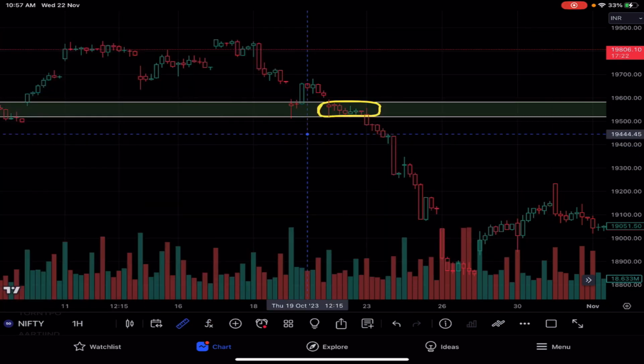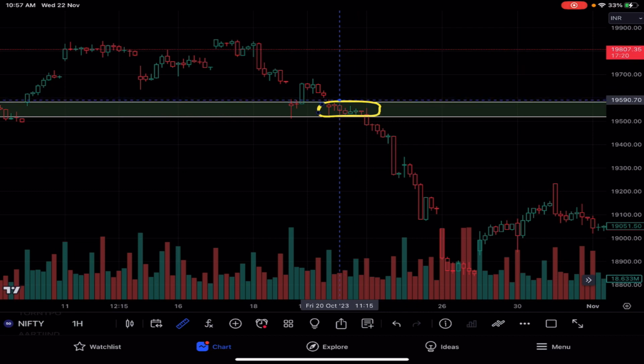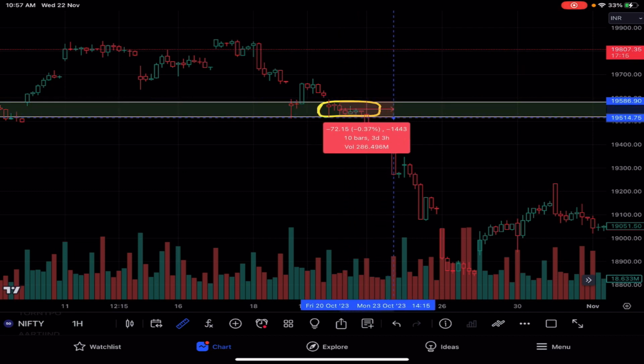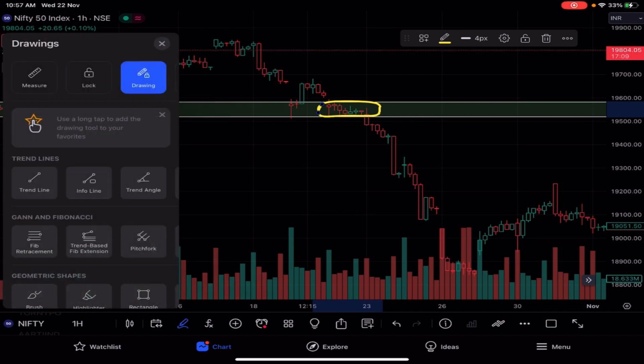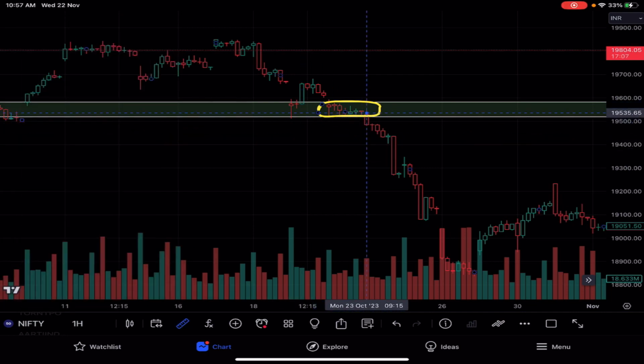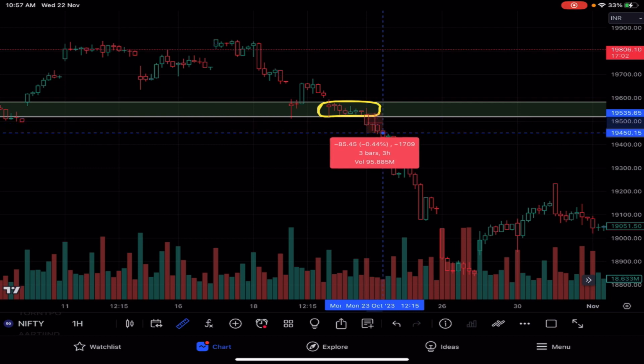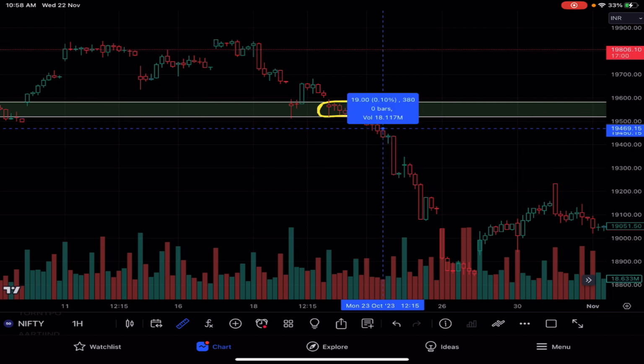If you look at the height of my rectangle, it is about 10 bars, right? Now I basically have to have the same measurement for my target from the breakout. Did you understand?